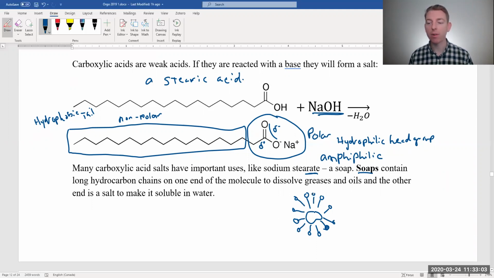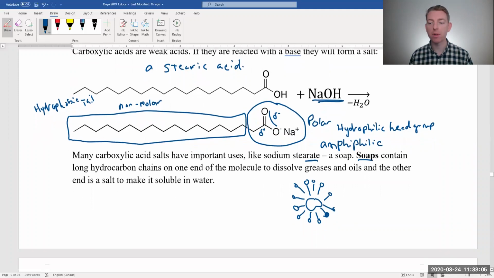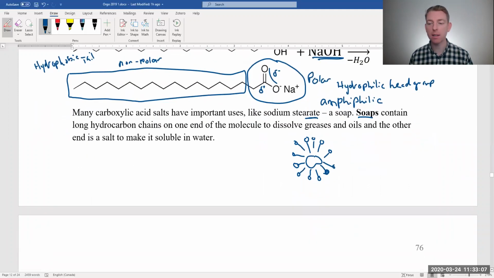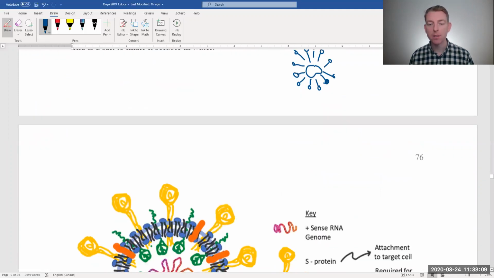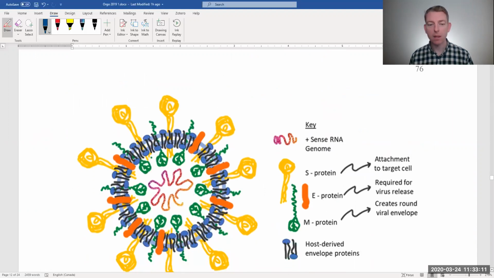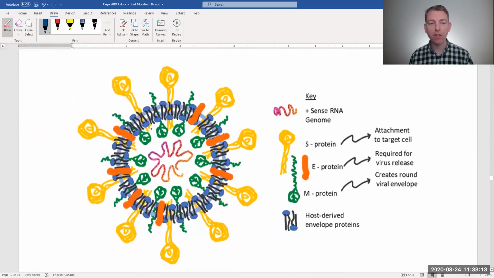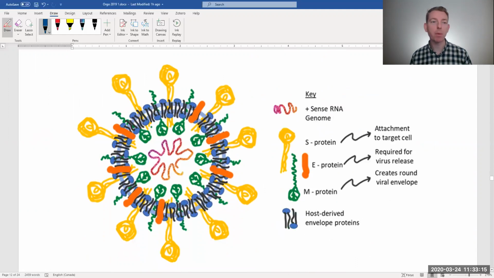Right now, the focus for why we care about soap is something slightly more critical. Say coronavirus, for example, as something we might want to destroy with soap. Why is this going to work? Here we have a very basic model I just grabbed off the internet of an enveloped RNA virus.